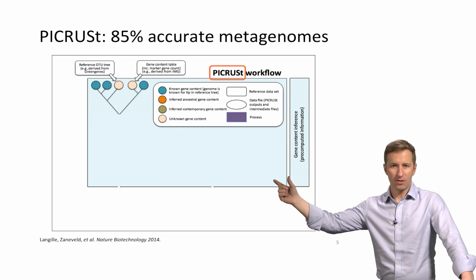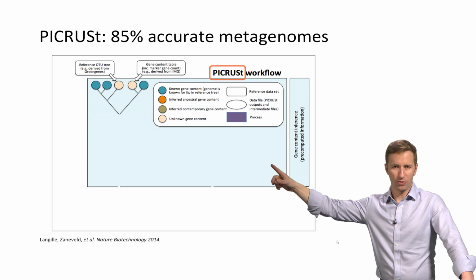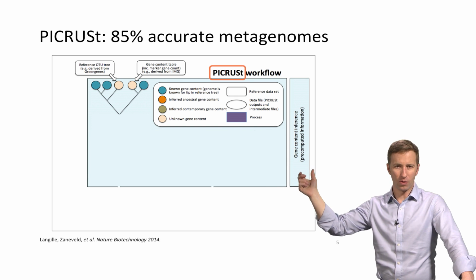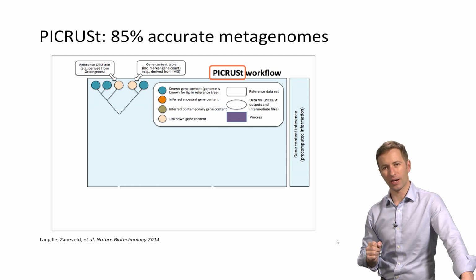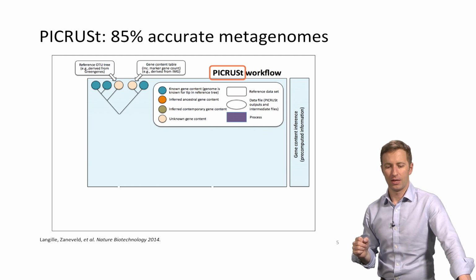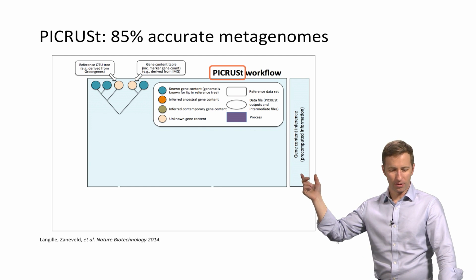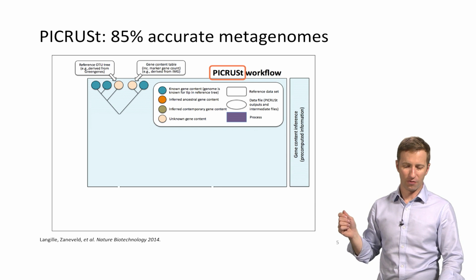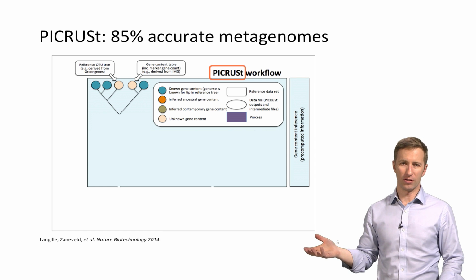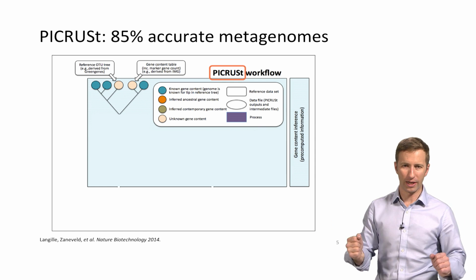Here, this is the phylogenetic tree. The dark blue circles are the taxa where we know their genomic content, so we have a strain sequenced here. Then the light gray or light beige are the ones for whom we don't have good genome level functional annotation.